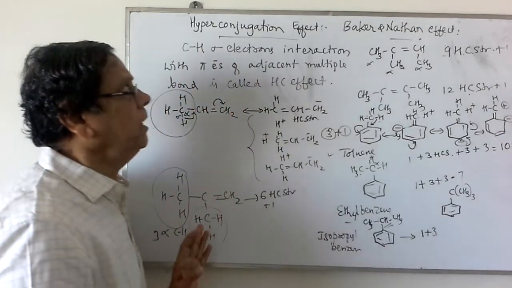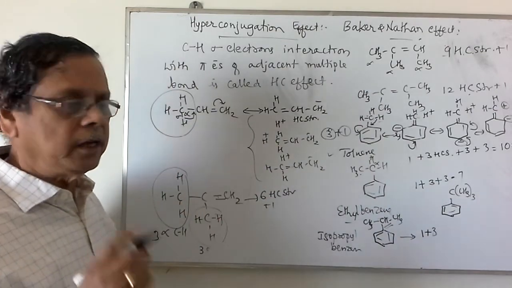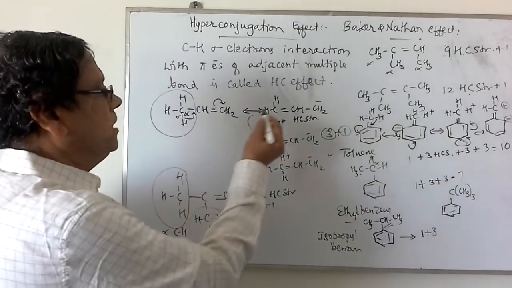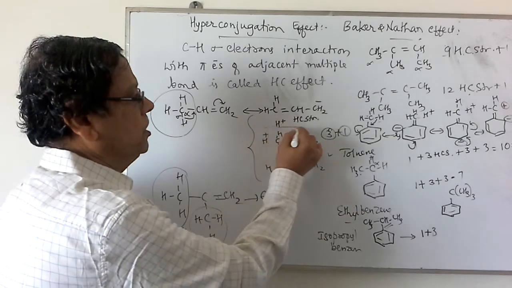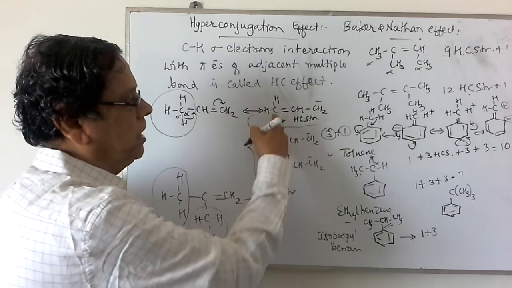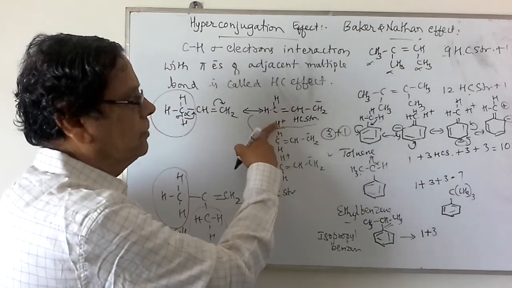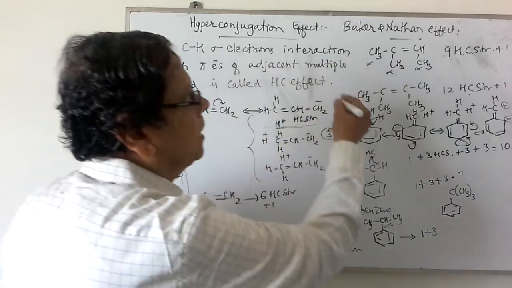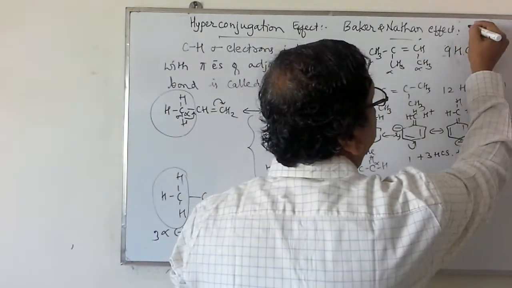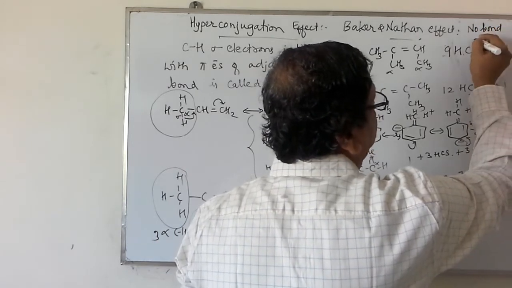So this is all about the hyperconjugation effect and Baker-Nathan effect. One important point, in case of this hyperconjugation structure, the bond between this H plus and carbon is actually broken. There is no bond between this carbon and hydrogen. That's why this Baker-Nathan effect or hyperconjugation effect is also named as the no bond effect.